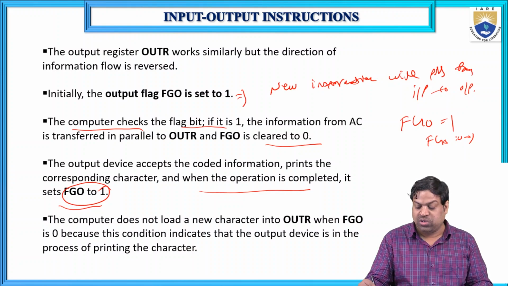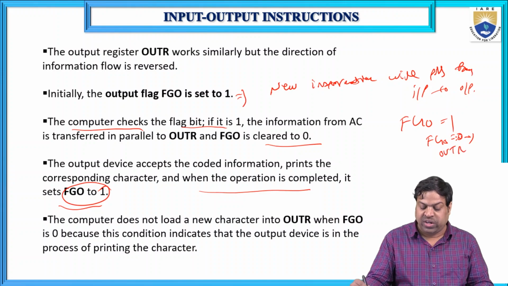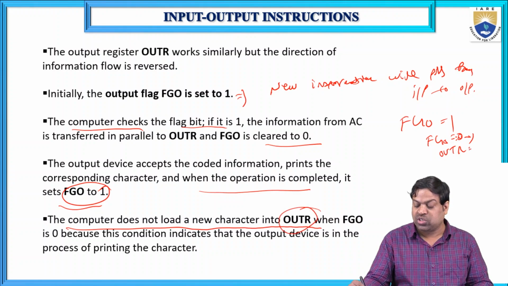When FGO equal to 0, the output register will not transfer the new information. FGO equal to 0 means the output register is passing information. FGO equal to 1 means it is free. Then go for the new information.